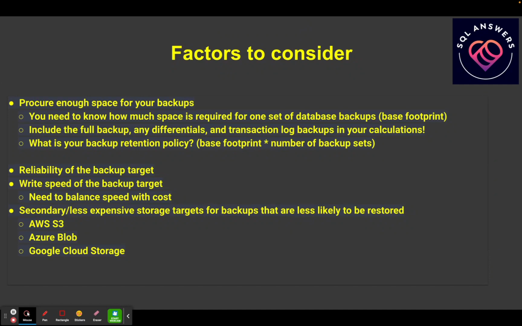You could potentially use secondary, less expensive storage for your backup targets, and you can move things around. Let's say that you had that 4 week retention. You only want to keep one on your highly available volume, and you could move those older weeks off to less expensive storage, because it's going to be less likely that you're going to need those.